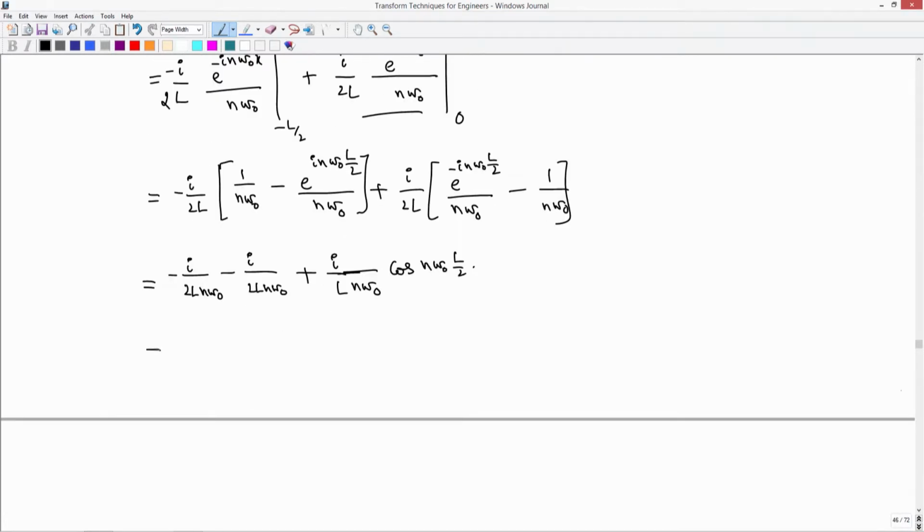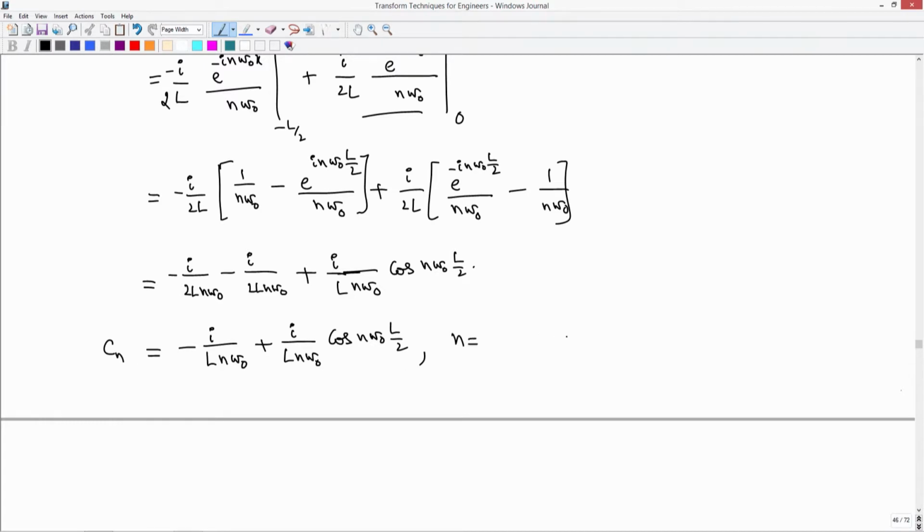So, this is equal to minus 2 i, so we have i by L n omega naught plus i by L n omega naught cos n omega naught L by 2. These are all Cn's.